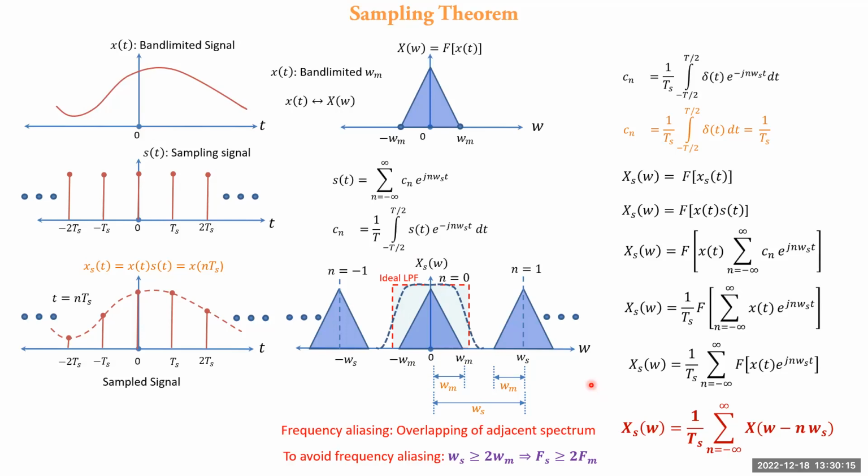So in order to design a practical low pass filter, in the process of recovering the analog signal from its discrete time signal, we have to have some gap in the adjacent spectrum of the sampled version of the analog signal, or discrete time signal, which is called the guard band, and practically it is kept around 20 to 25% in order to simplify the design of the practical filter, as shown by this dotted blue line.